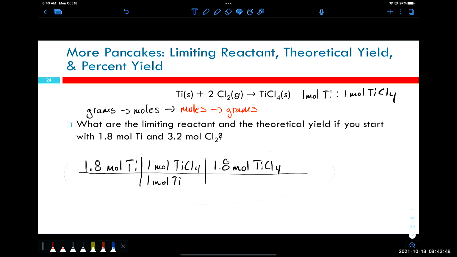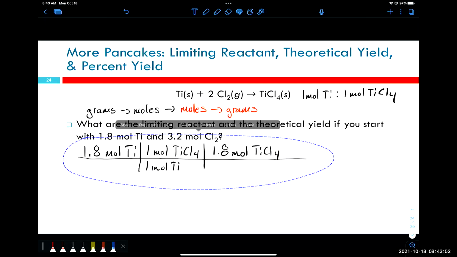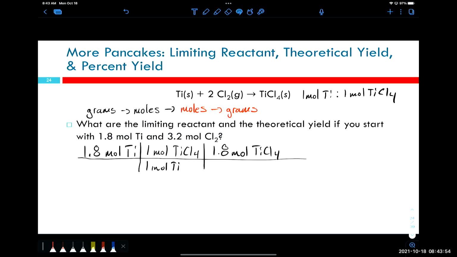So that's the first part. Now we've calculated, assuming that we have enough chlorine, how much titanium chloride we would make with this amount of titanium.